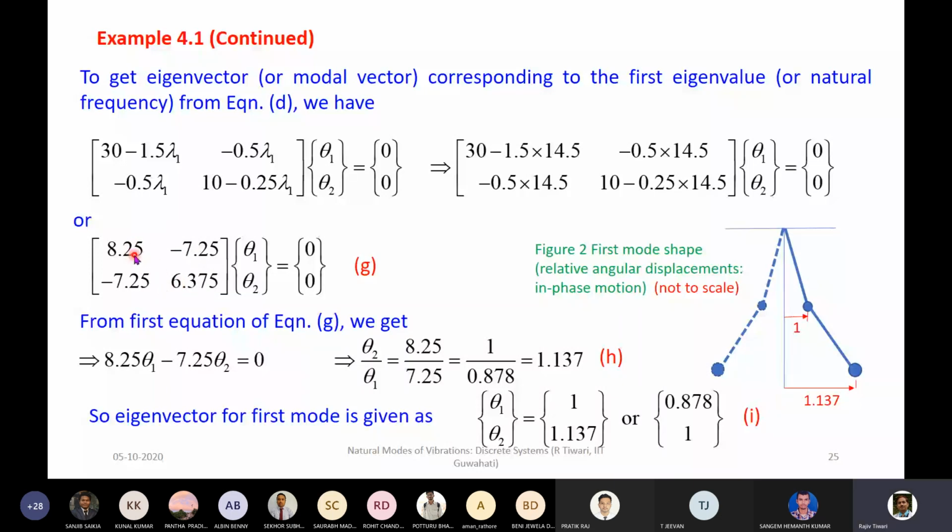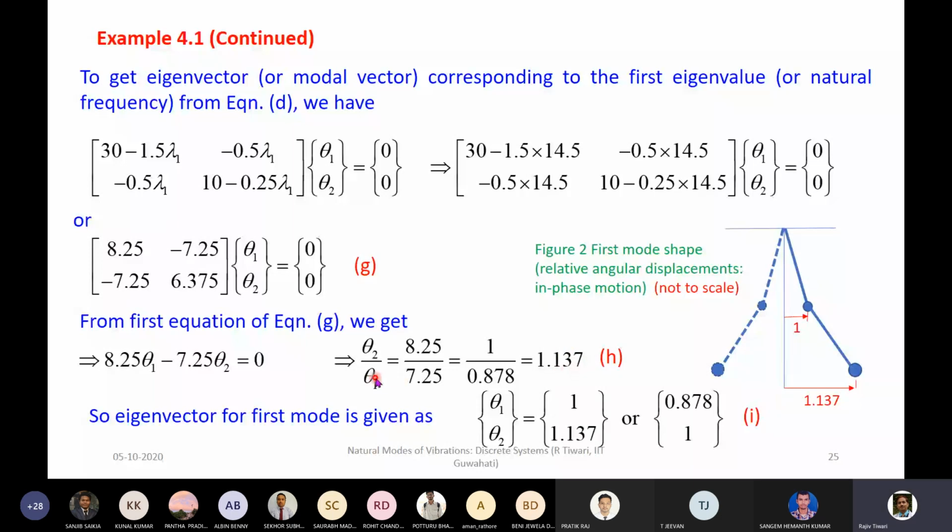Now I can take either of the two equations, the first or the second. I've taken the first equation: this multiplied by theta 1 minus this multiplied by theta 2. Now this equation can be written as theta 2 by theta 1 like this. You can see that the ratio is 1.137.